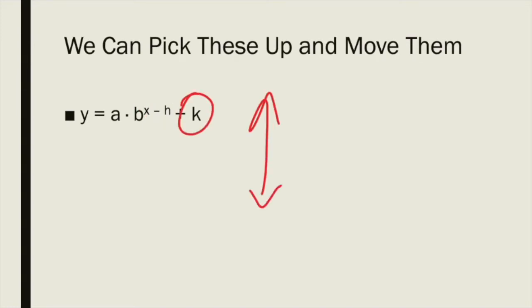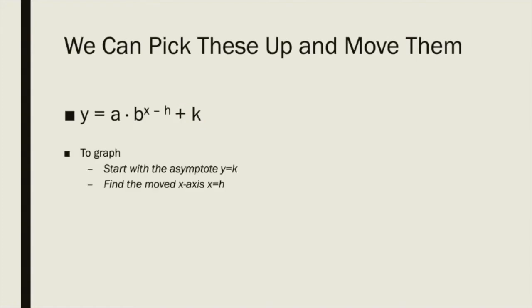These can be picked up and moved around. I could add to the x, and I can add to the whole thing. Remember, adding to just the x part moves it side to side, just like we've been doing all along. And what does this k do? Moves it up and down. Write that down. I'm going to suggest that you start with the asymptote.